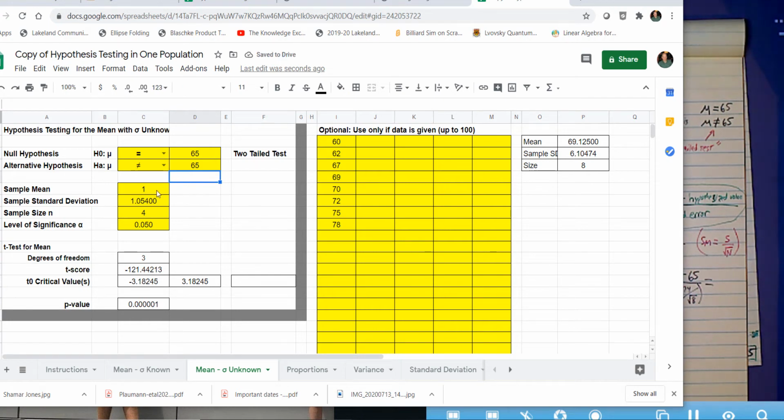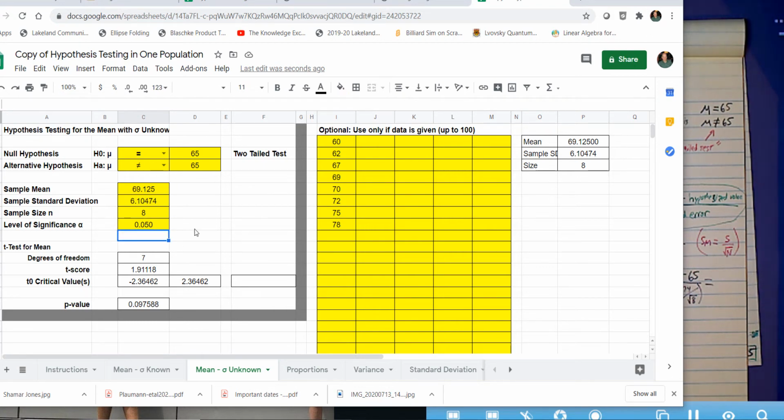Okay. My sample mean that I computed was 69.125. So again, all these are coming from the right. The sample standard deviation was 6.10474. The sample size was 8, 0.05 for the level of significance.